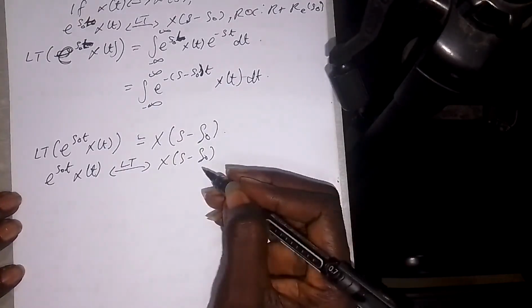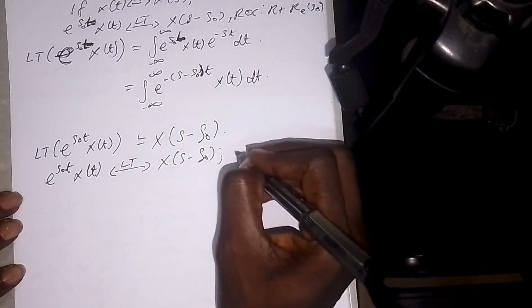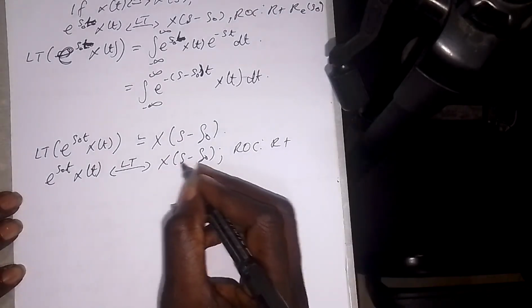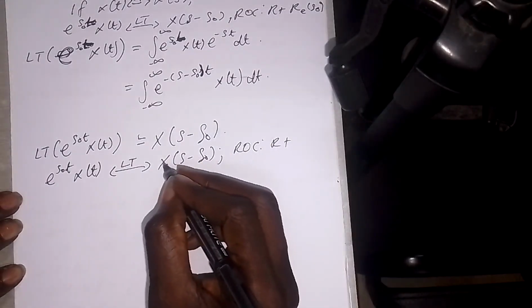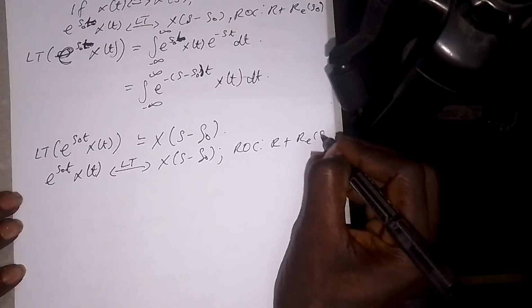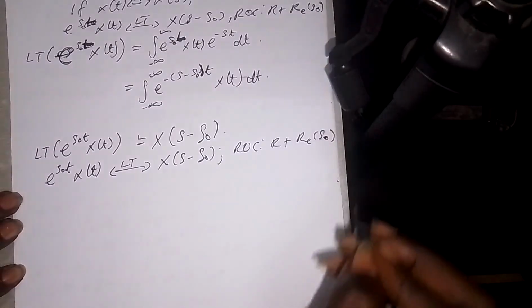And we know the ROC already. So the ROC in this case is R plus Re of s naught, like this. Okay.